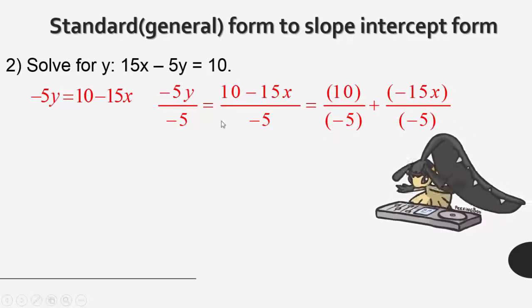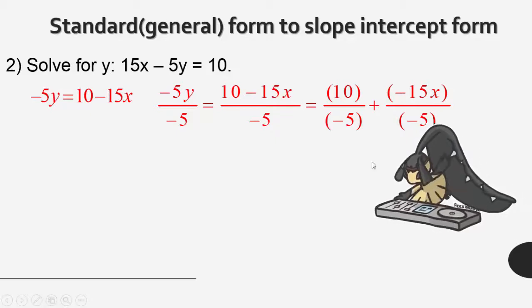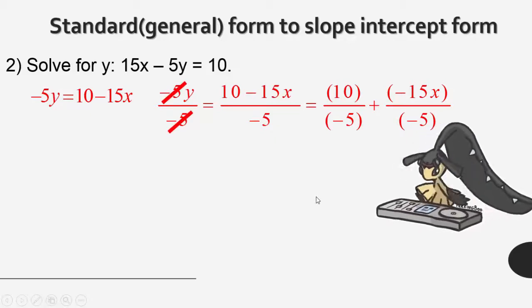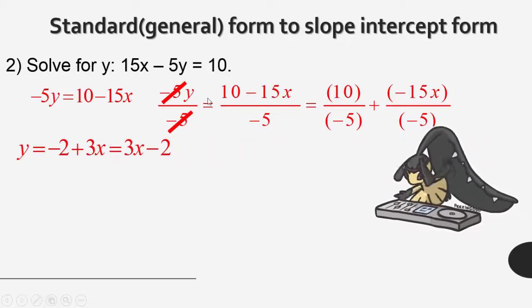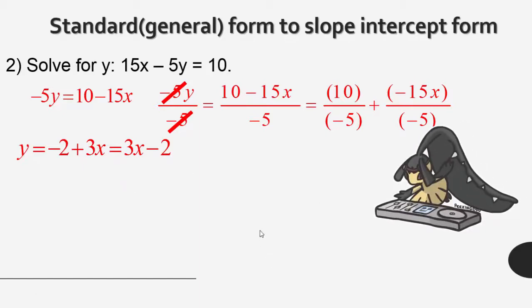So we divide both the 10 by negative 5 and the negative 15x by negative 5. And of course we do a little canceling here. And then we simplify to get y is equal to negative 2 plus 3x. And we can rearrange it as 3x minus 2. So our equation becomes y is equal to 3x minus 2.